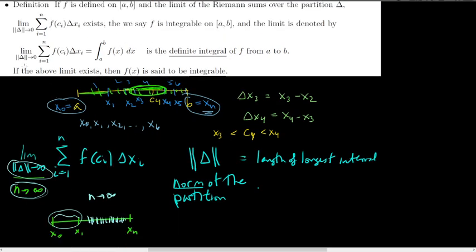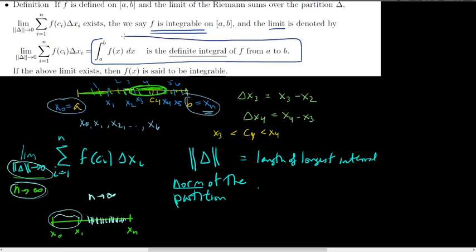Okay, so going back to the definition, if this limit exists, then we say that f is integrable. That means we can take an integral of it. And then this symbol here is the definition of the definite integral, which I think we did last time, although we did this less generally because we had n going to infinity.